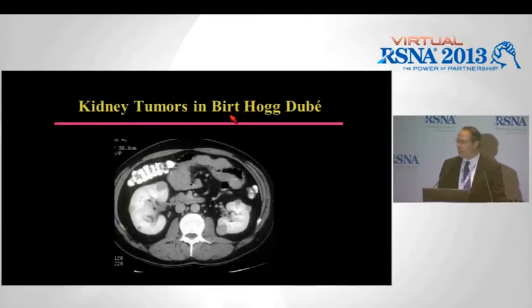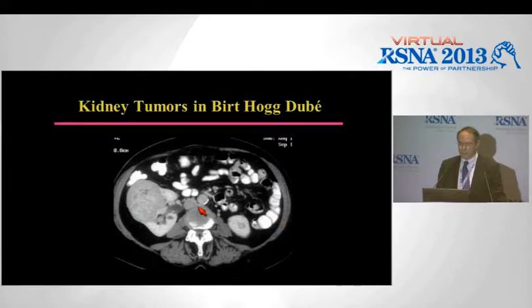So Birt-Hogg-Dubé has lung cysts that I'll show you in a second. It has some slight increase in colon cancer, but it has a profound increase in the number of renal cancers, particularly chromophobe carcinomas, but as I'll show you in a second, others as well. And here you can see a bunch of chromophobe carcinomas. Here's a very large one in a patient with Birt-Hogg-Dubé.